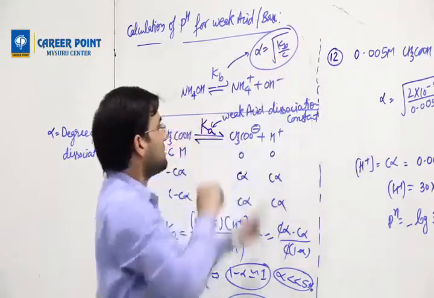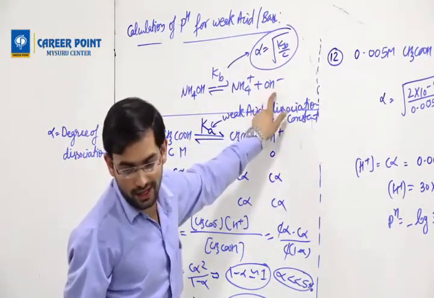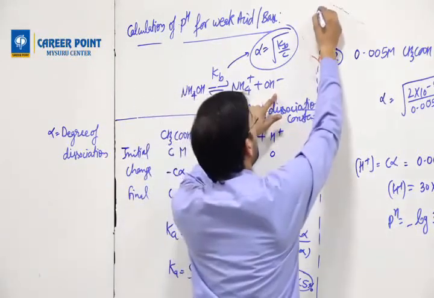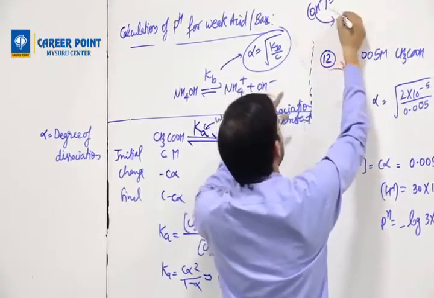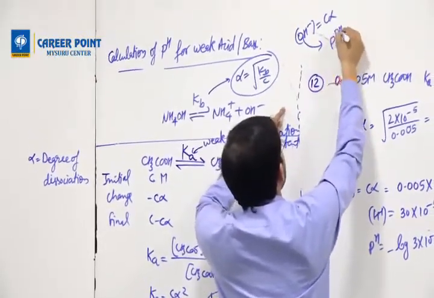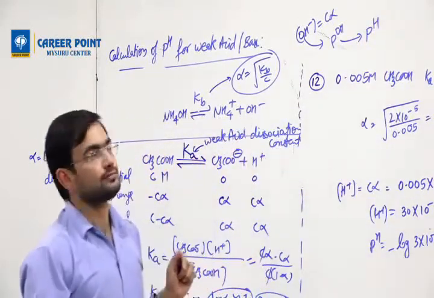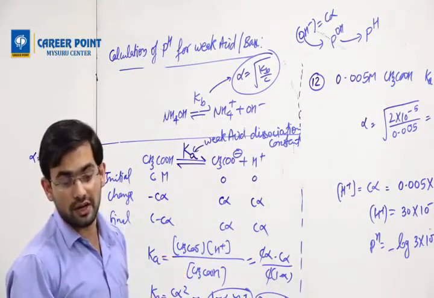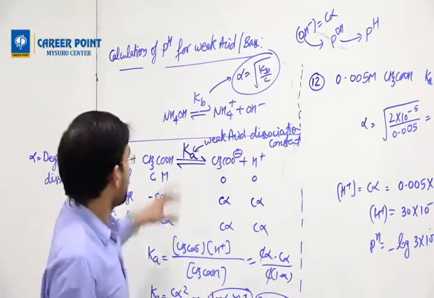But this is not giving you H plus, this is giving you OH minus. So what will you do? First you will find OH minus, which is C alpha. Once you know OH minus, you will find pOH. Once you know that, you will find pH. Understood the steps? These are the steps for weak base.